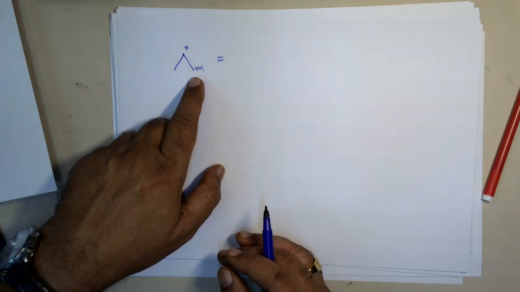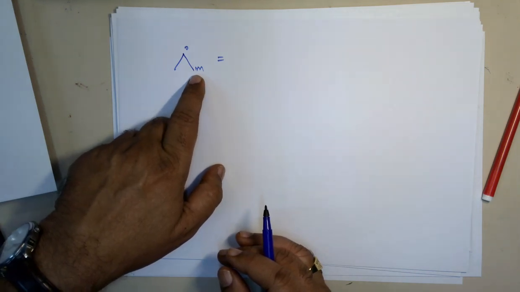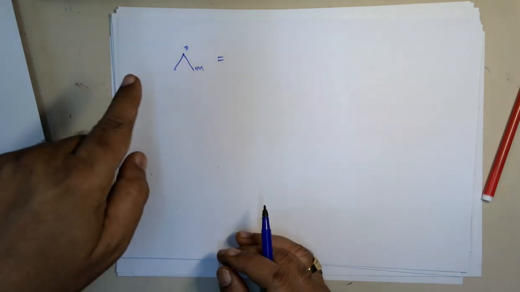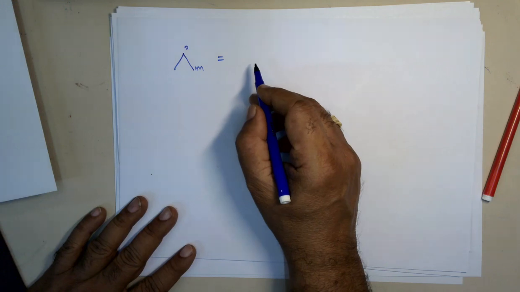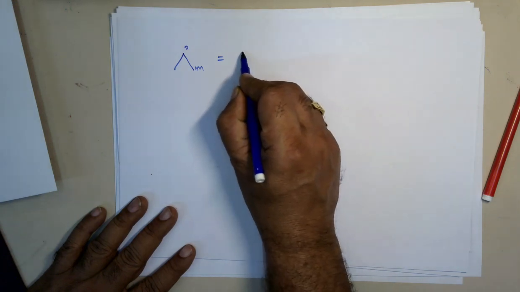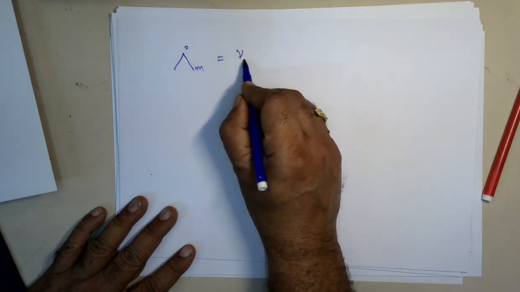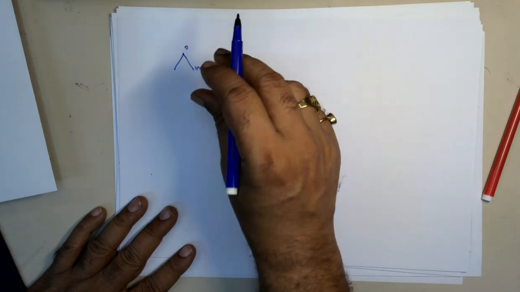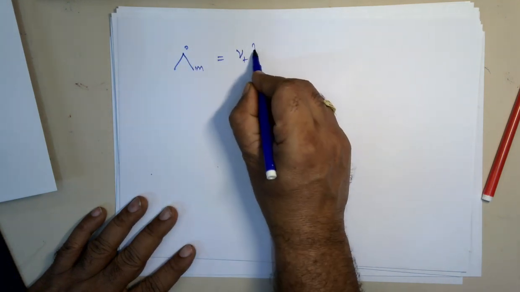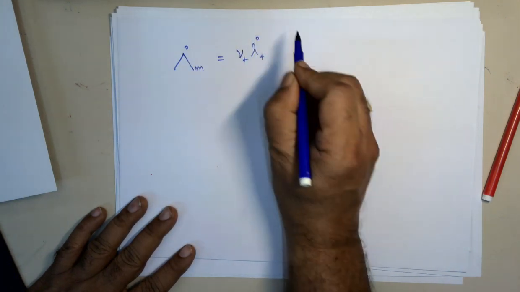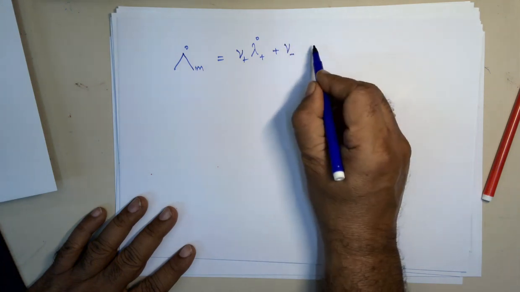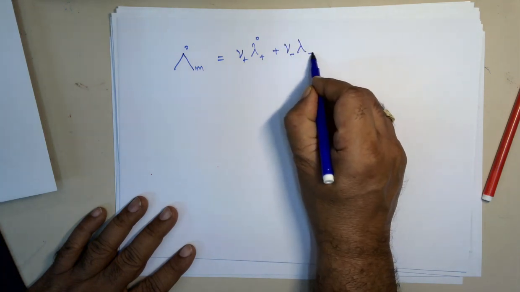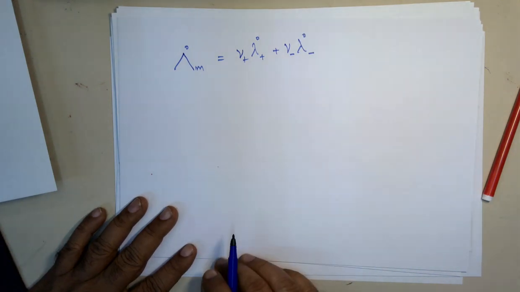The limiting value of molar conductivity of an electrolyte is equal to, for example, nu plus, that much number of cations, into lambda not plus, plus that much amount of anion into lambda not minus.